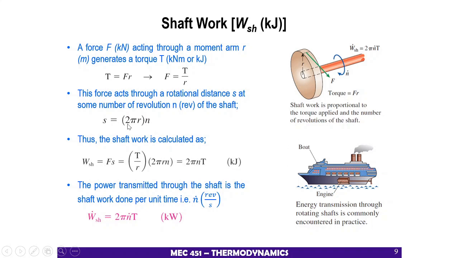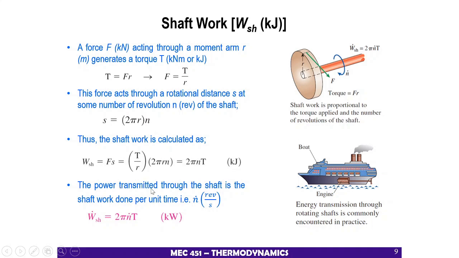So the distance formula will be s = 2 pi r times n, the number of revolutions. Thus, the shaft work is calculated as force times distance, so we get W = 2 pi n times T, where T is your torque.